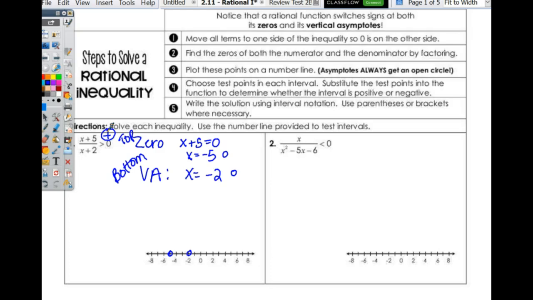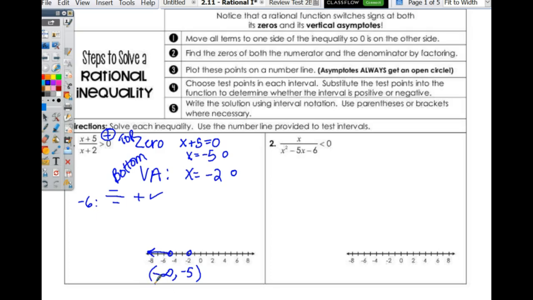So if I test over here, if I test negative 6, if I put negative 6 in top, I get a negative. If I put negative 6 on bottom, I get a negative. A negative divided by negative is a positive, so I want these. So I get negative infinity to negative 5.